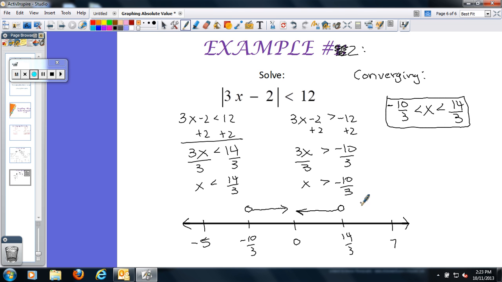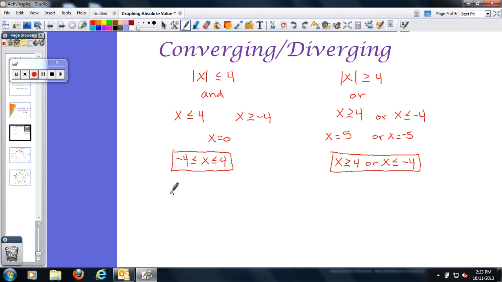Now, I am going to show you a shortcut that is always true. This right here is less than a positive number. So I'm going back to the converging thing: less than a positive means it's converging.